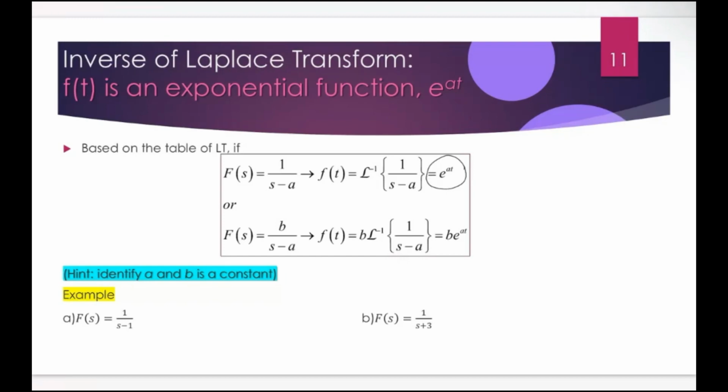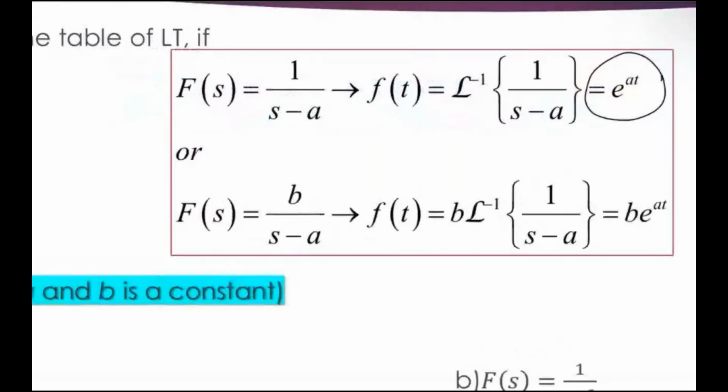Now let's say you have b over s minus a. So what you need to do is factorize b outside. So you have b and then find the inverse Laplace of 1 over s minus a. So this one is e^(at) multiplied by b.